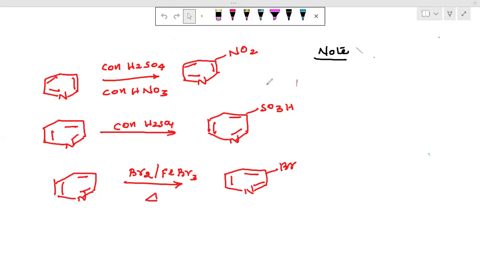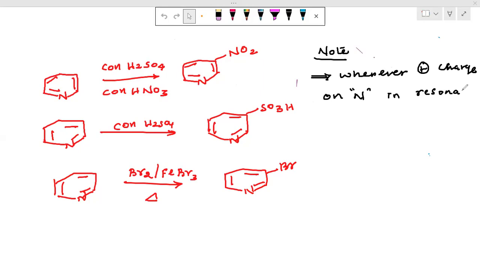Whenever the positive charge on nitrogen appears in a resonance structure, that resonance structure is unstable. But here the positive charge never appears on nitrogen in the resonance structures. So note that whenever the positive charge is on nitrogen in resonance, the resonance structures are unstable. This is how the reactions proceed.